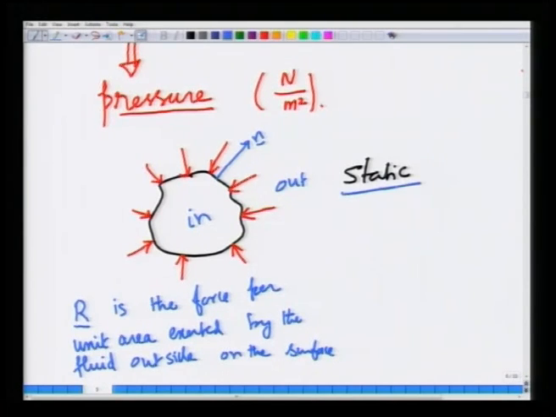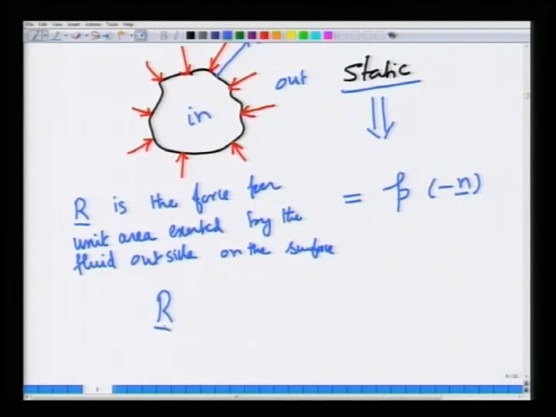Since the fluid is static, and it is purely normal, it has to be either in the direction of n or opposite to n, but the pressure is normally compressive. So, this is in the direction of minus n, because n is pointing from in to out, whereas the force is from out to in, and the magnitude of the compressive force per unit area is pressure P. So, R, this force per unit area, is given by minus P n in a static fluid, because a static fluid cannot support any shear stress.